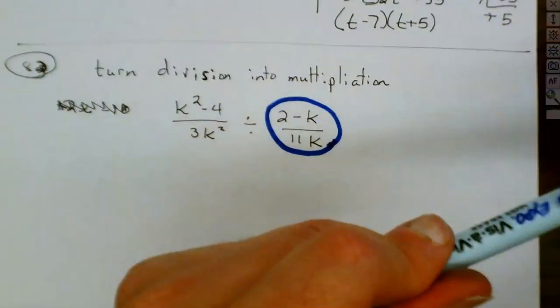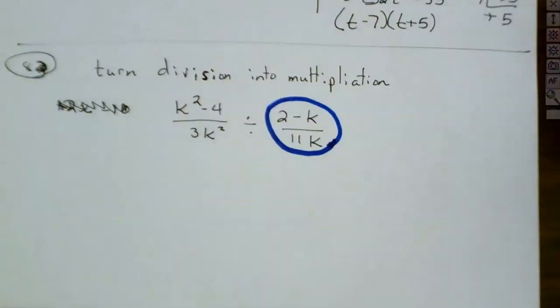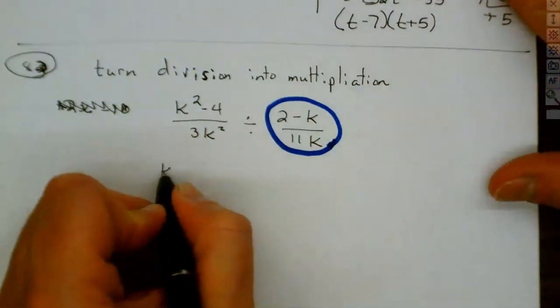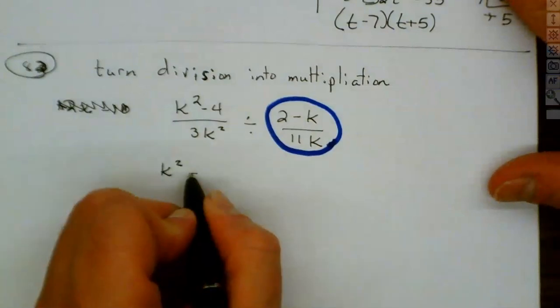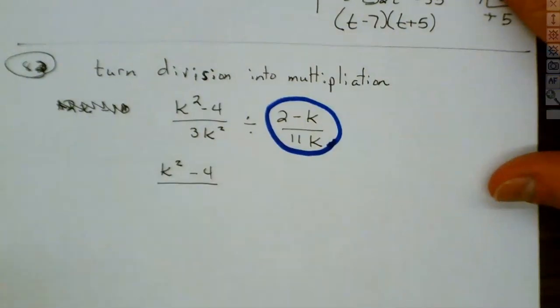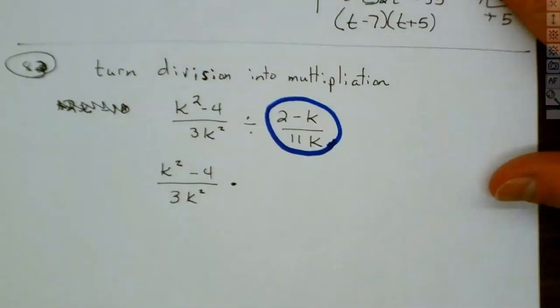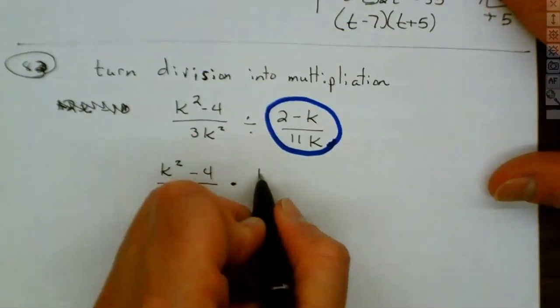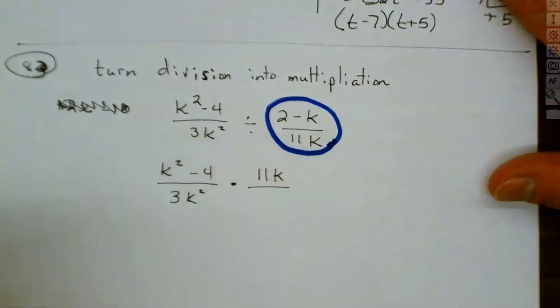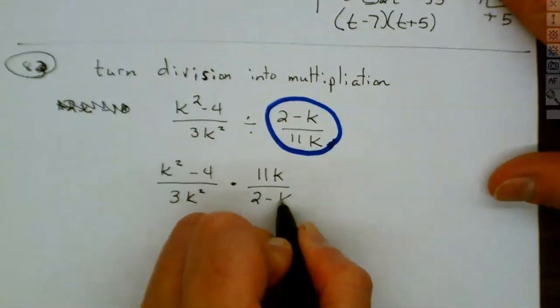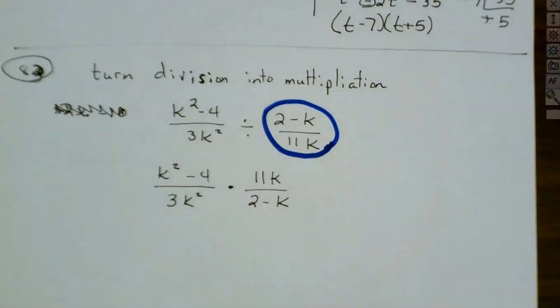And how do we do that? Well, whenever we divide, it's the same thing as multiplying by the inverse. So I can rewrite this as k squared minus 4 over 3k squared, and then I'm going to make it multiplication and flip this fraction over. That's going to make it 11k over 2 minus k. So the second fraction gets flipped over.